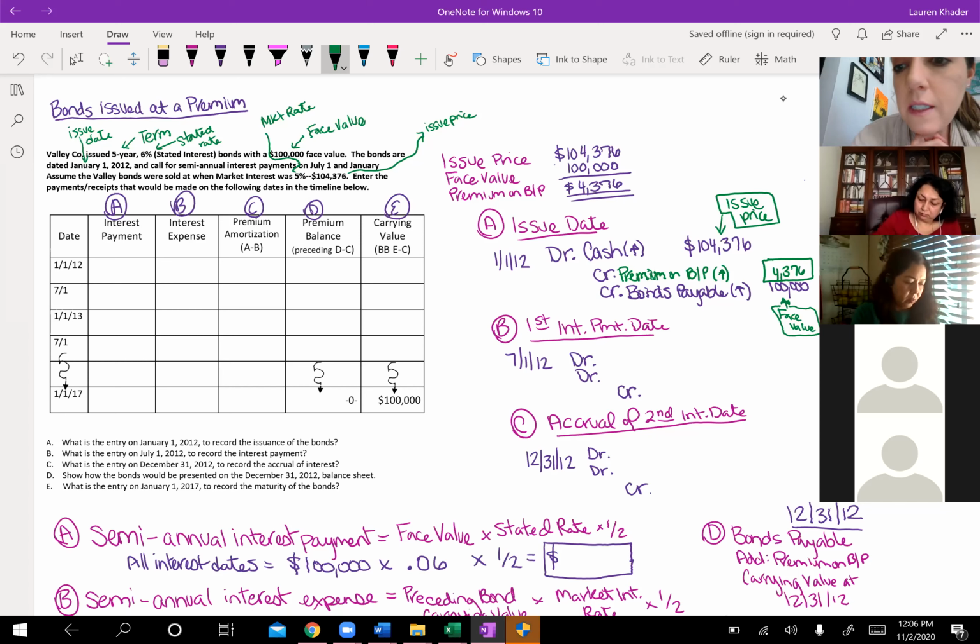In our amortization schedule, the first date is our issue date. We don't pay any interest. We don't incur any interest, right? The bonds haven't been outstanding. No amortization is taken. And our initial premium balance is equal to that credit to our premium on bonds payable, 4,376.